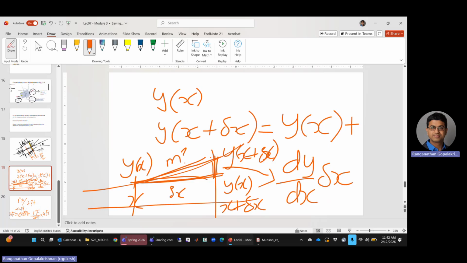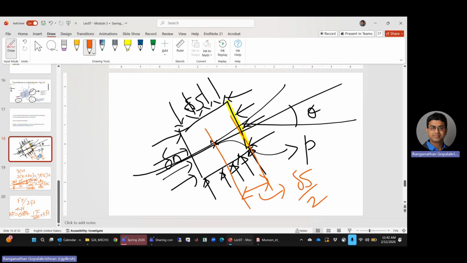Now you tell me what will be the expression for the pressure at this yellow or highlighted surface. Yes, please. Exactly, which has a name. It's called pressure gradient.